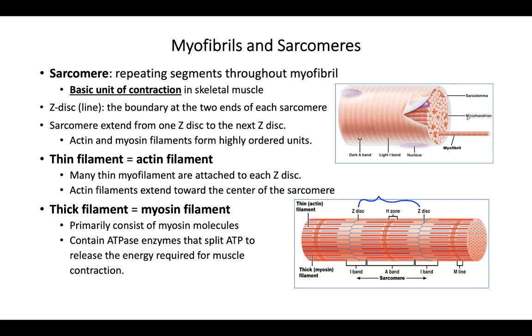What is the main function of a mitochondria? Generating ATP. This myosin, thick myofilament, needs ATP. So mitochondria provide ATP, located closely nearby the myofibril. And this is the nucleus. The nucleus is pushed away to the sarcolemma because the center portion of a muscle fiber is fully occupied with myofibril.